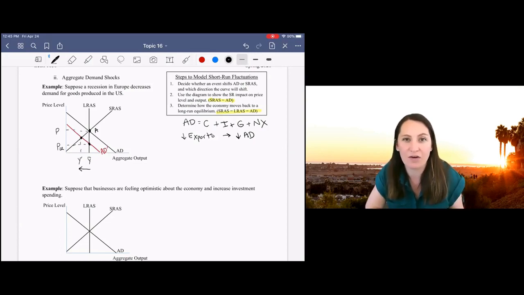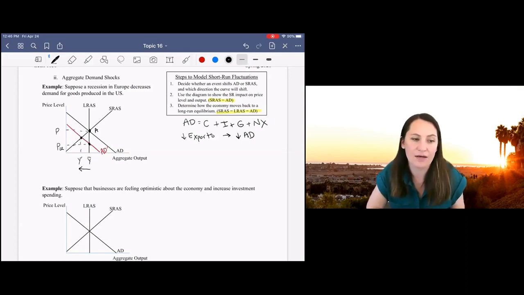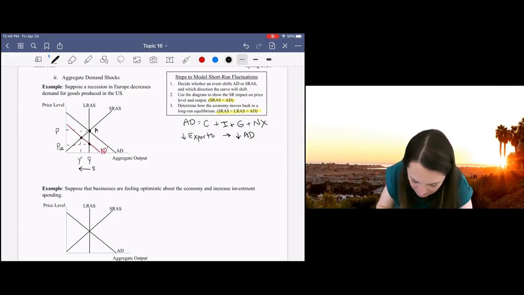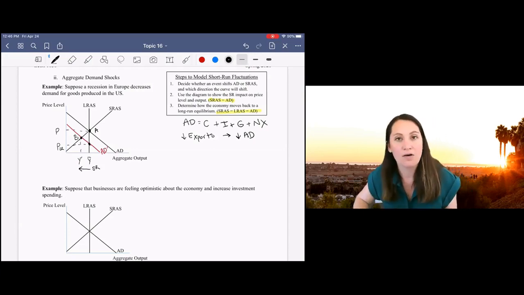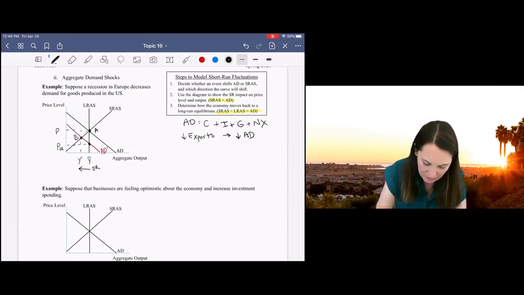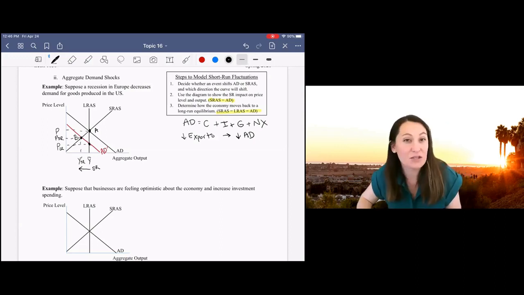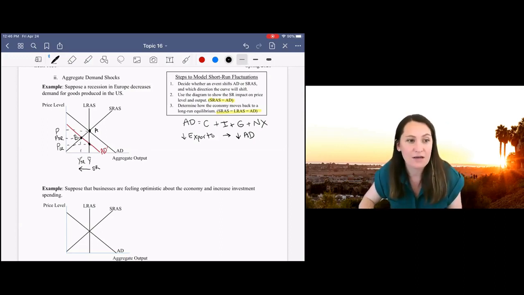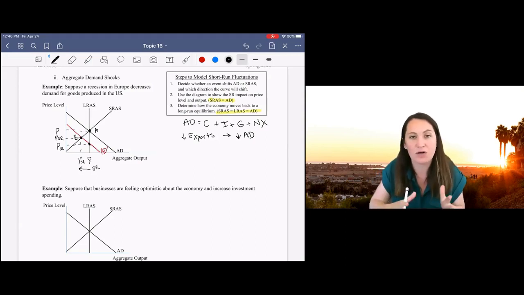to a new price level in the short run. And so here in the short run, because of one of those market imperfections, people misinterpret prices, they can't adjust their wages or prices downwards. We're going to have a contraction or a shrinking of output, even though our overall productive capacity has remained the same.